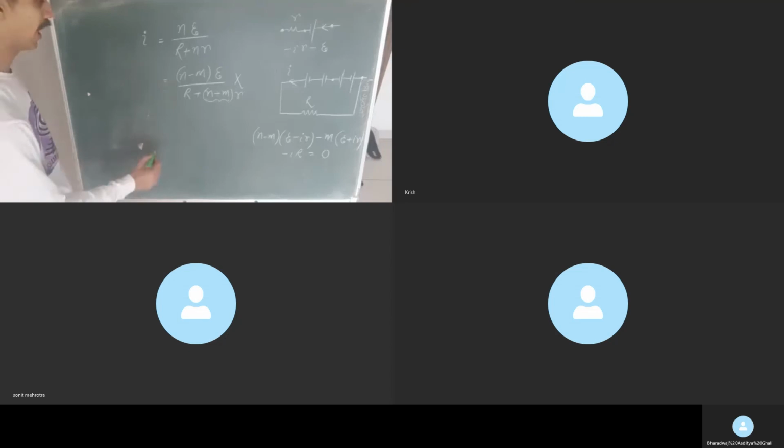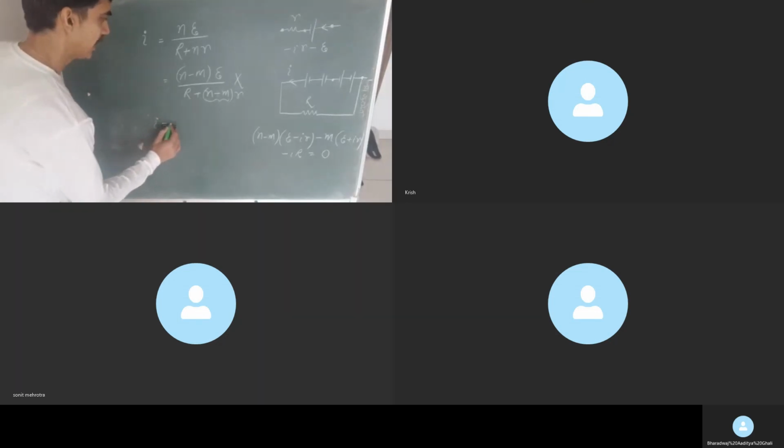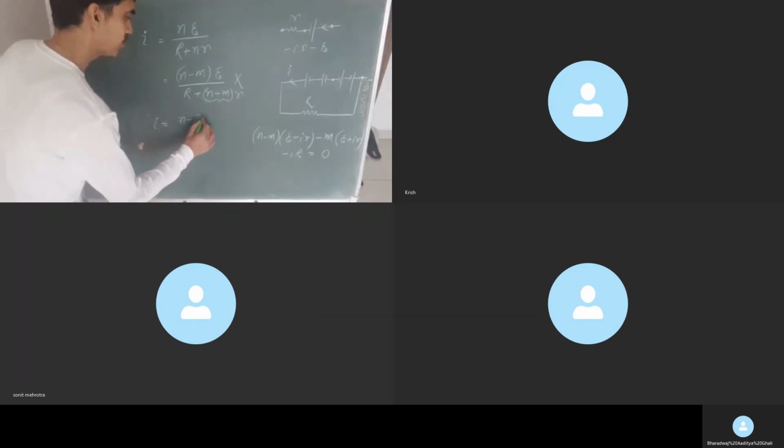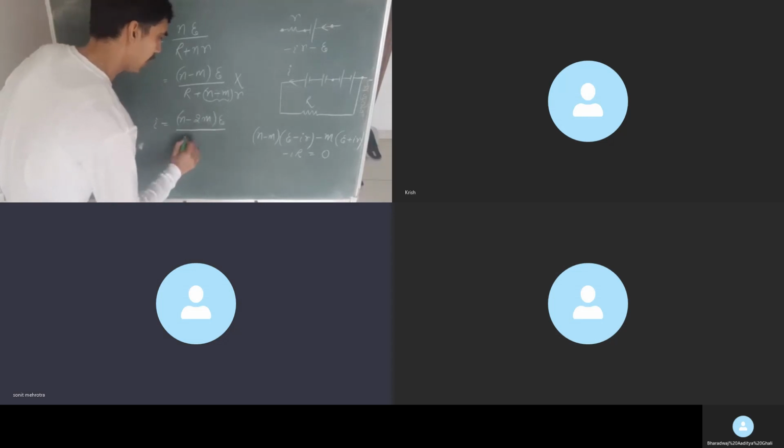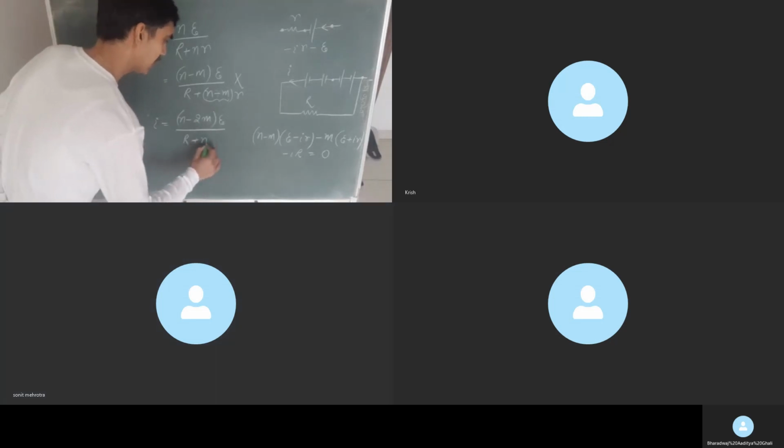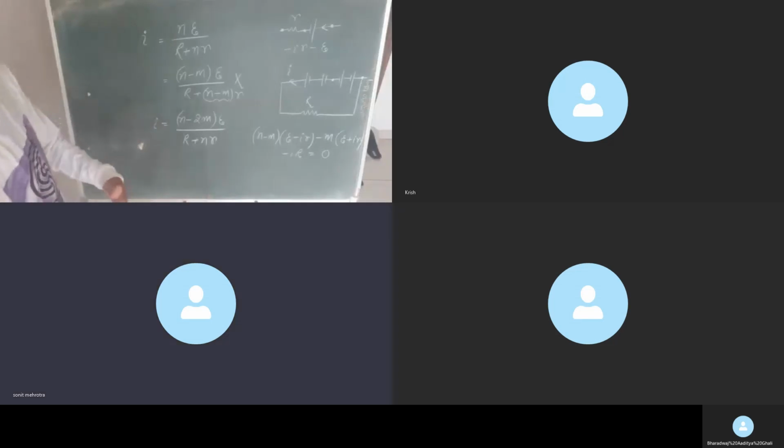When you simplify, you will get n minus twice of m into E divided by R plus NR. It is not only removed, but it is connected with reverse polarity, right?